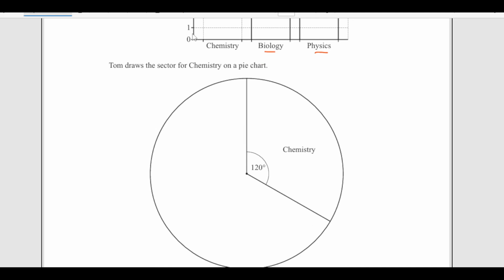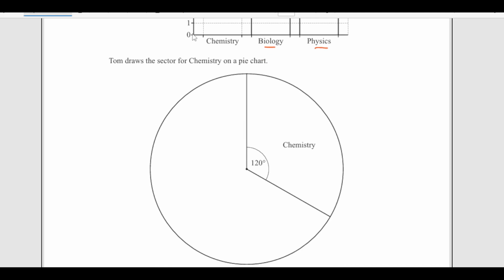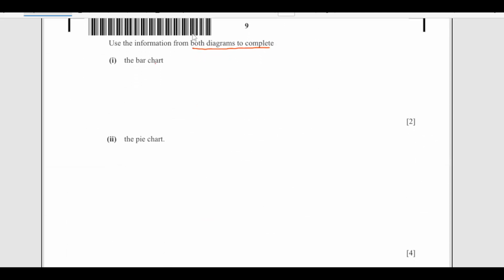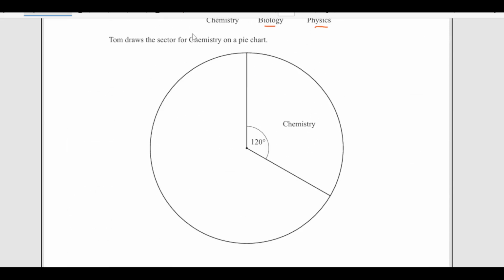Now as you see, the chemistry angle is 120. So we can take the other part. The total angle is 360, and if I subtract 120 from 360, we get 240.